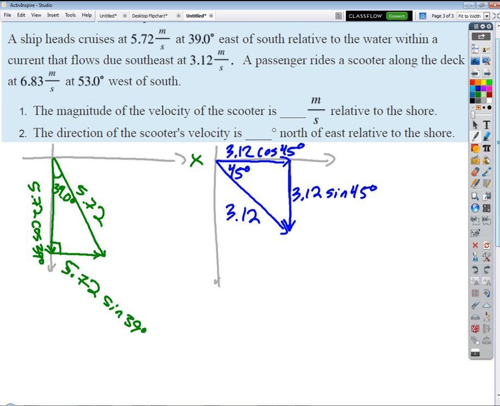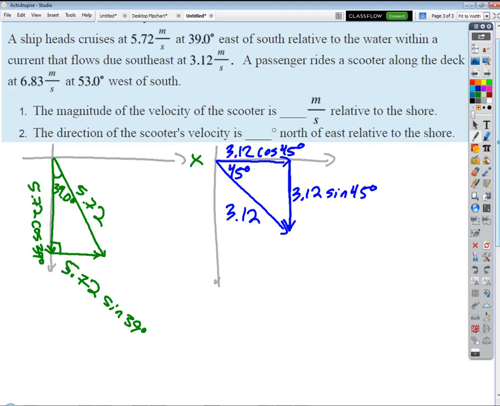So the guy's riding his scooter at 6.83 meters per second at 53 degrees west of south. So Nathan, what's that going to look like? West of south. Where am I starting? Start there, right? Which way do I swing? To the left. Yeah, like that, don't I? Okay.